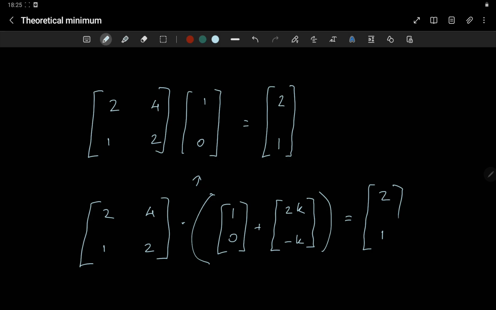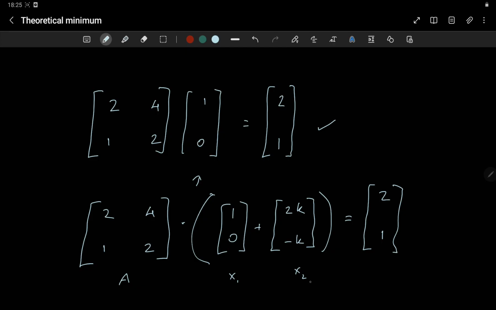If this is a solution, then A x1 is b1, and A x2 is b2, but b2 is 0 0.